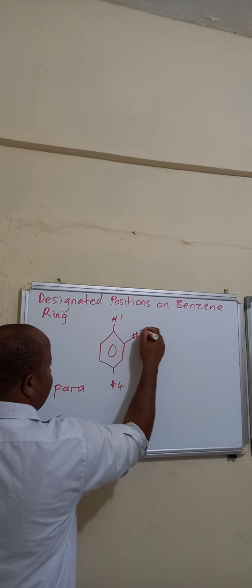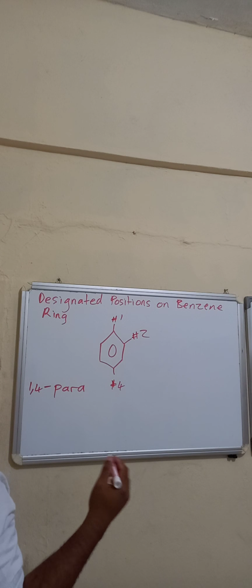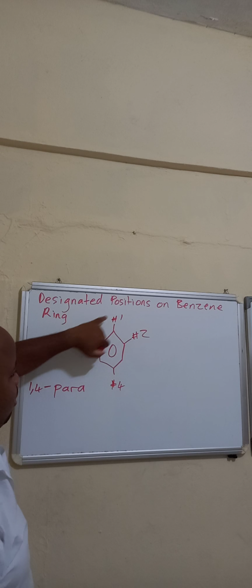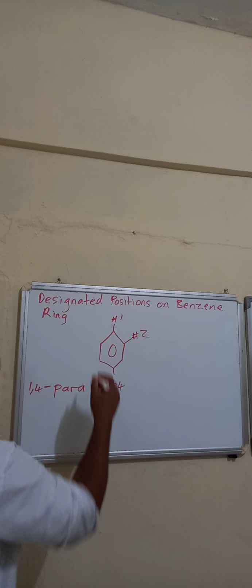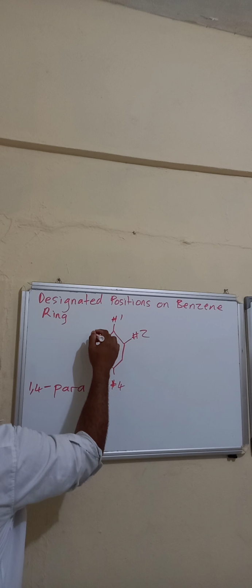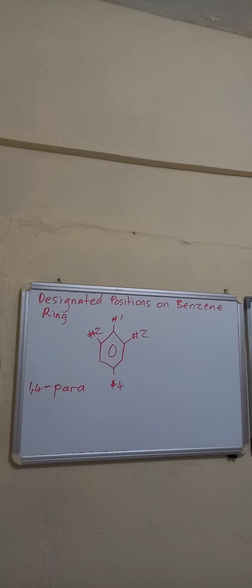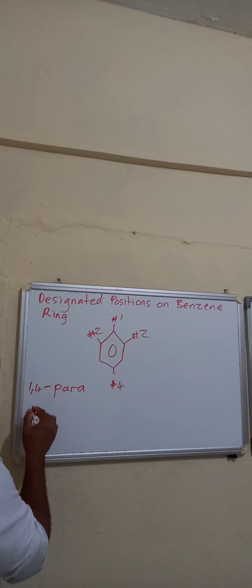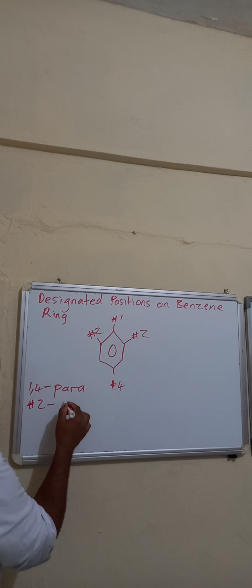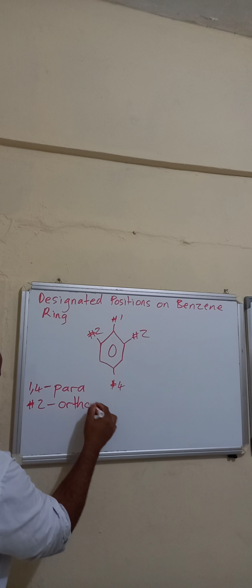Position number 2, so with benzene, you can count clockwise or anti-clockwise, so both of these positions are position number 2. Alright? So position number 2, we call it ortho.